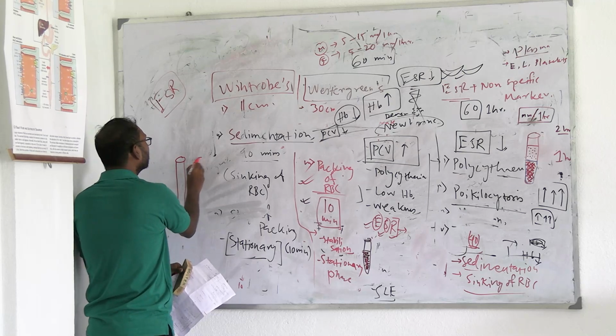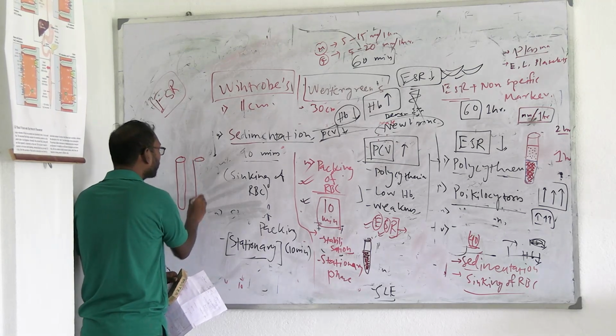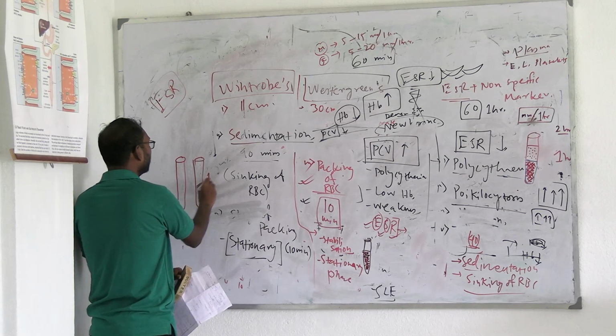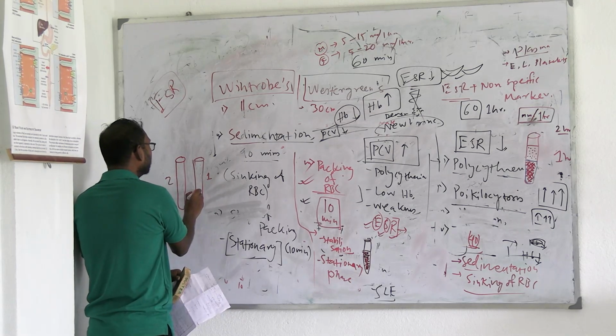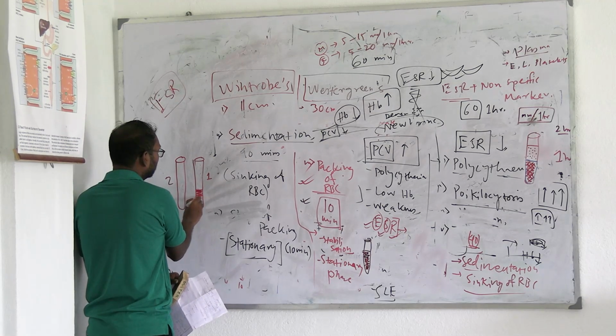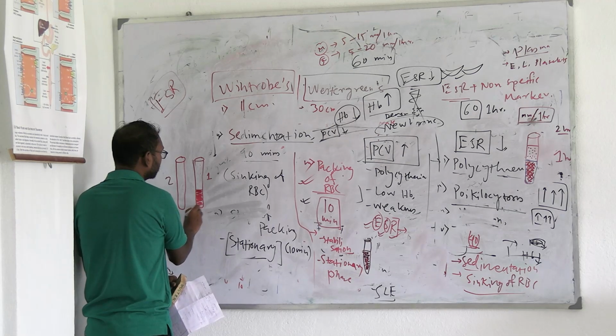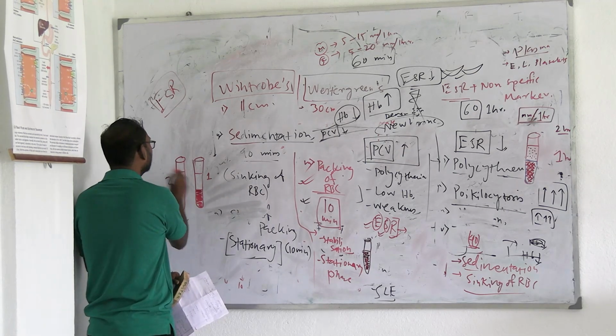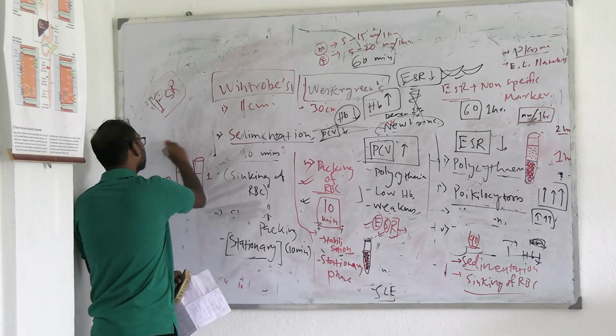They have two different bloods. Of course, every person has different blood in their body. So this is person 1, person 2. Now this person, after 1 hour, his cells are clumped like this, and we have taken the same amount of blood from each of them, suppose 2 ml.